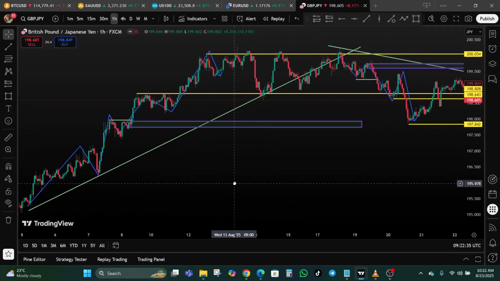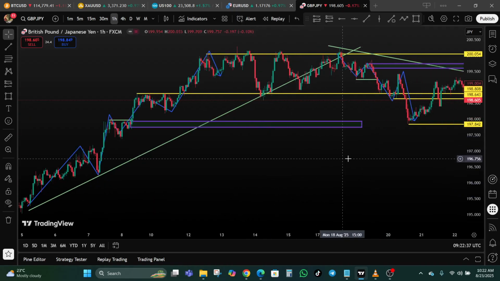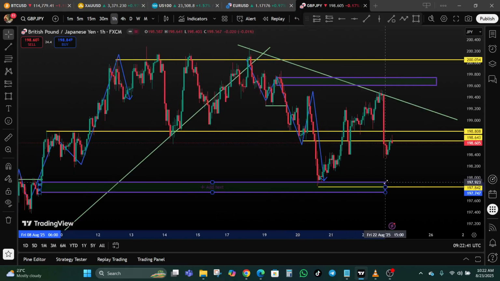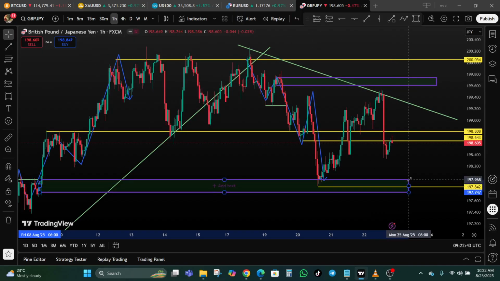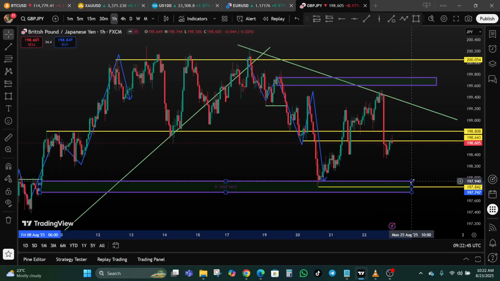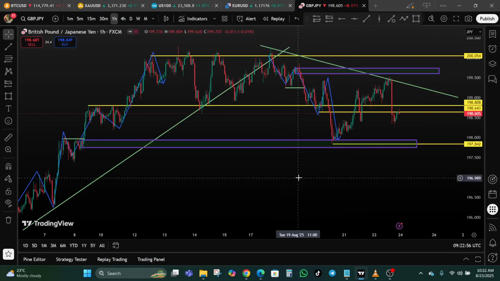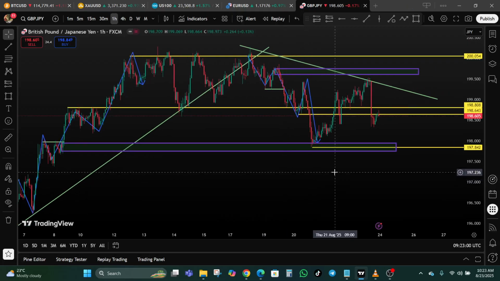When price returns to these areas, it often reacts strongly. You can see price eventually came to test this order block around here. I just extended it, and you can see that price came and tapped into it and went upwards. So you could either see a reversal or a continuation in the same direction.